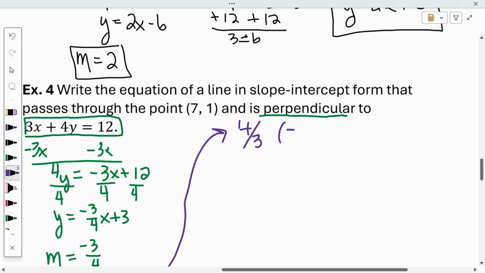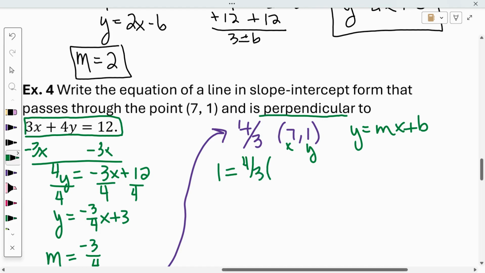And I'm going to use the ordered pair 7, 1. And I'm plugging it into y equals mx plus b. So 1 equals my slope, 4/3 times 7 plus b.